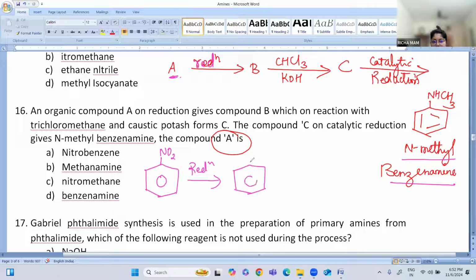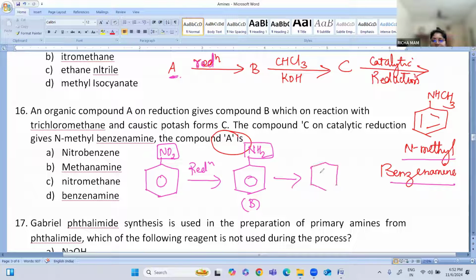This nitro group, if I do reduction, I'm going to get aniline, NH2. Nitro group is reduced to aniline. Oxygen is removed and hydrogen is added. So this will be my B. Further, I'm treating it with trichloromethane in the presence of caustic potash.